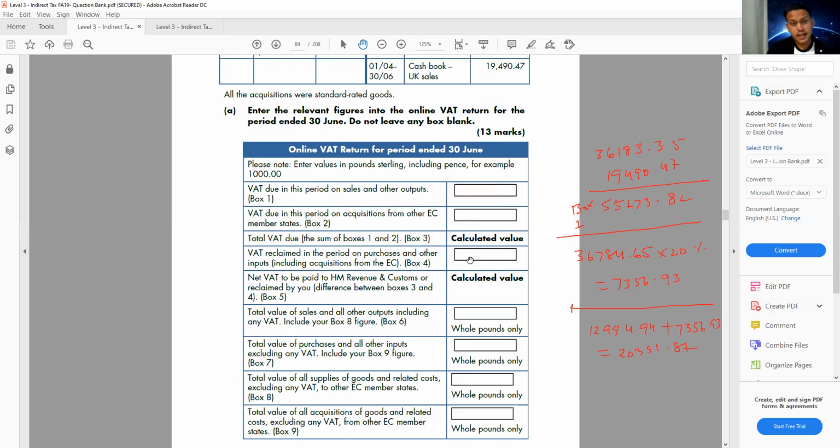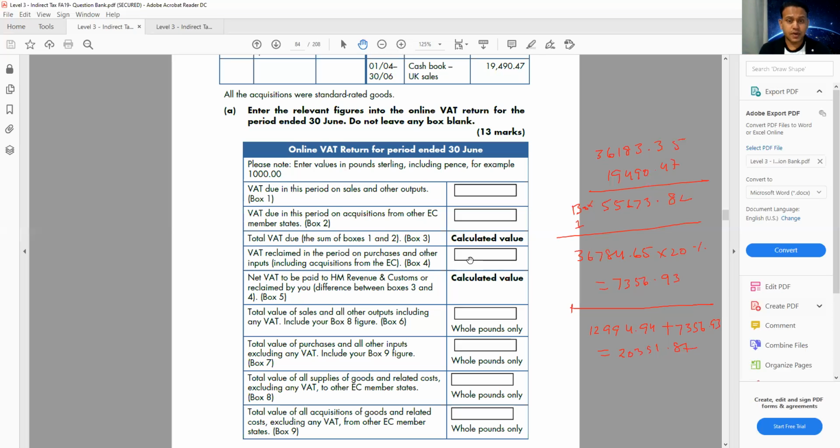Because if you buy something from a European country, you say this is my acquisition, so you consider this VAT 20%, but you again claim it back. So you treat this as output VAT, and at the same time on box 4, you claim this as input VAT. So you say that's my output VAT 7,000, that's my input VAT 7,000, and actually the impact is 0. There is no impact.